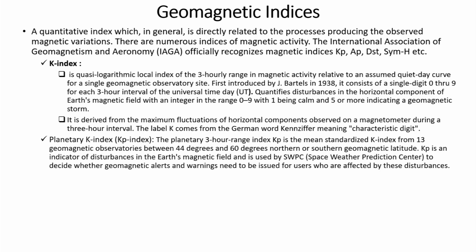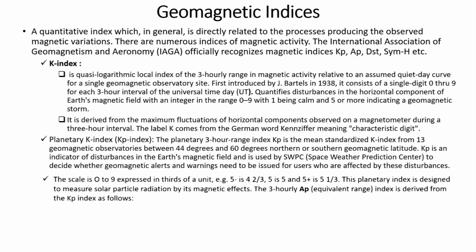Planetary K index or Kp index: the planetary 3-hour range index Kp is the mean standardized K index from 13 geomagnetic observatories between 45 degrees and 60 degrees northern or southern geomagnetic latitude. Kp is an indicator of the disturbances of the Earth's magnetic field and is used by the space weather prediction centers to decide whether geomagnetic alerts and warnings need to be issued for the users who are affected by these disturbances.